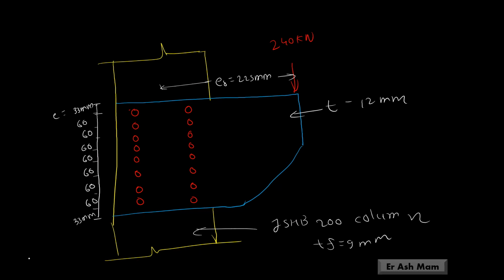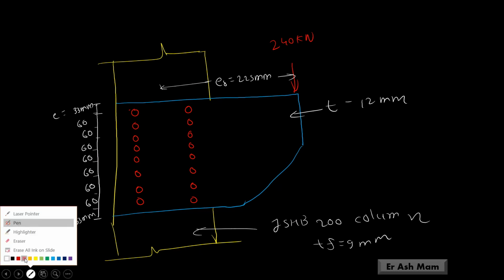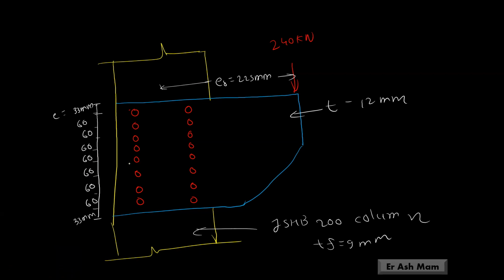Okay. Then CG here. At top side 8, at bottom side 8, at left side 8, bottom side left. So this will be CG.